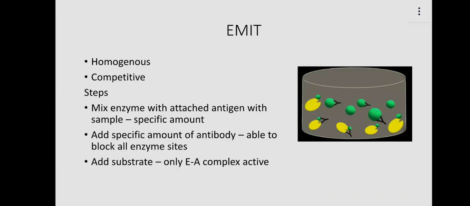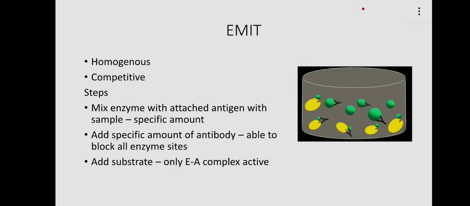So the steps are the enzyme, which is labeled with the antigen, which is the analyte. So we have that left bit there, the enzyme with the analyte attached close to the active site.